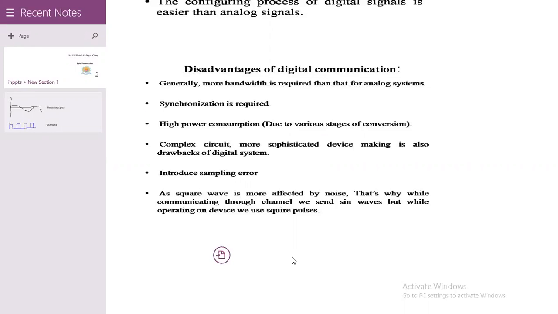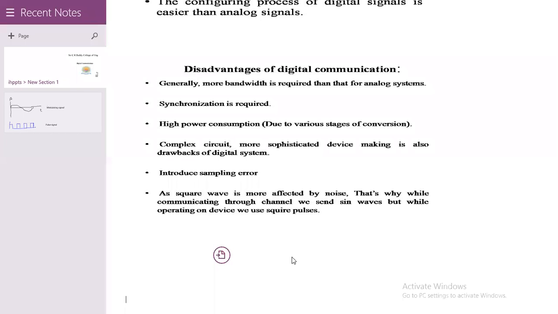Each symbol consists of either 4 bits, 8 bits, 16 bits, 32 bits, or 64 bits. If the number of bits is increased, more information is transmitted, but it occupies a larger bandwidth. So very large bandwidth is one of the disadvantages.